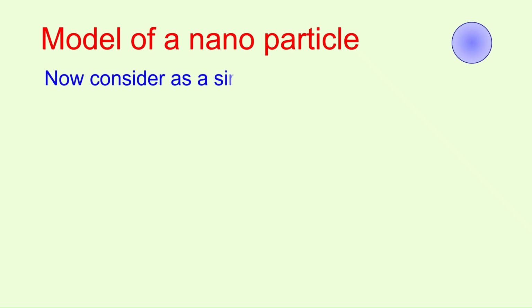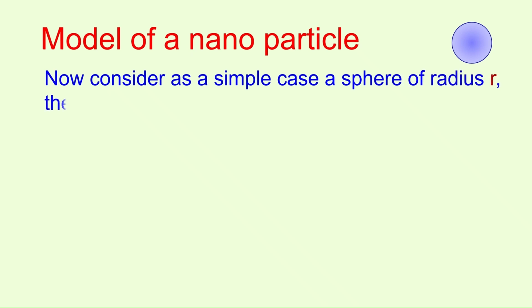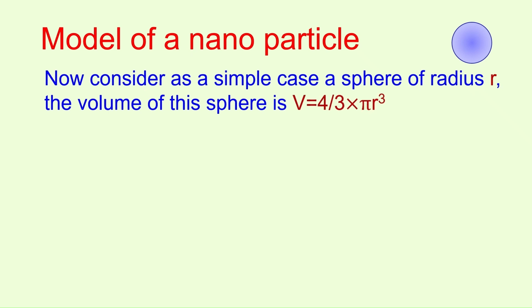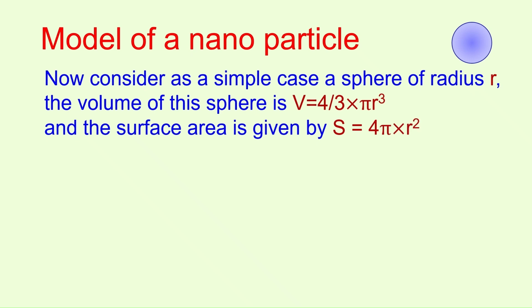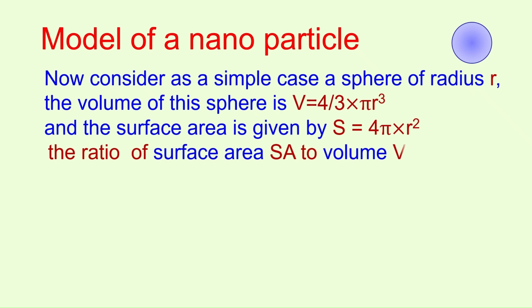Model of a nanoparticle. Now consider as a simple case a sphere of radius r. The volume of this sphere is V equals 4/3 times pi r cubed, and the surface area is given by S equals 4 pi times r squared.